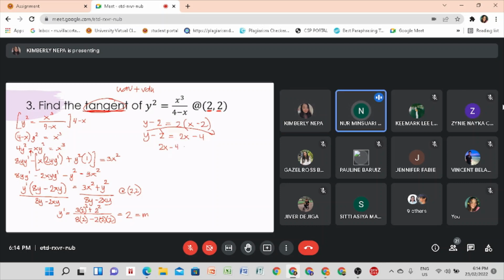Yes, po. And this is 2x minus y, negative 4 plus 2, negative 2. So the equation of the tangent line is this one.